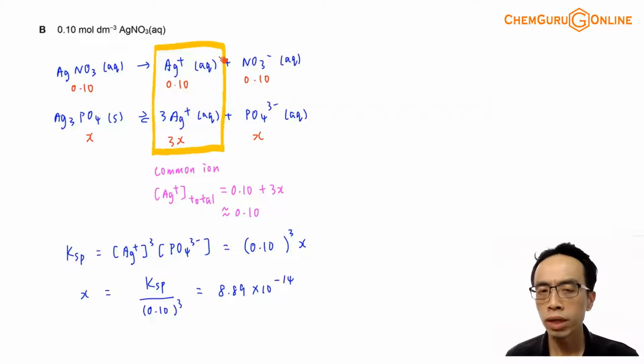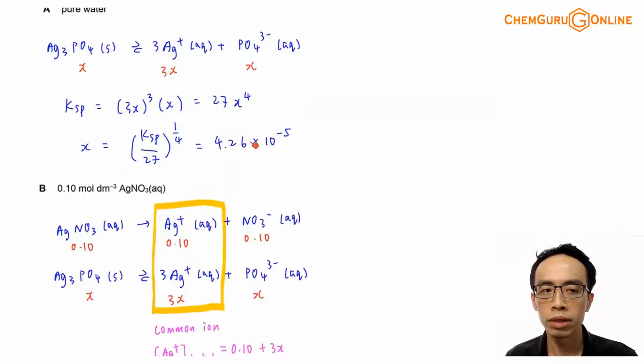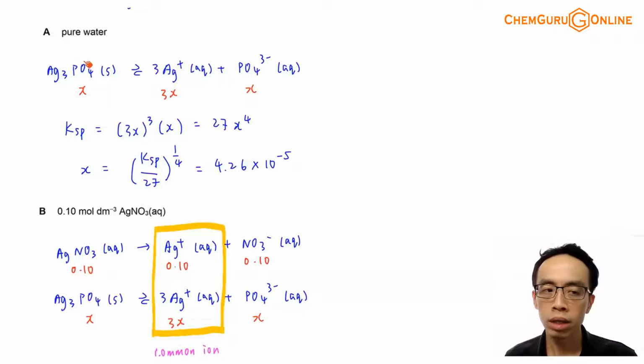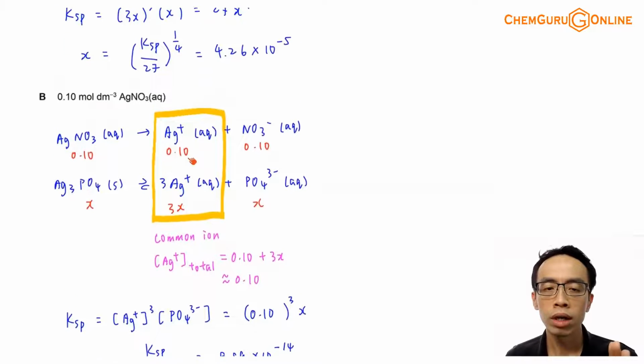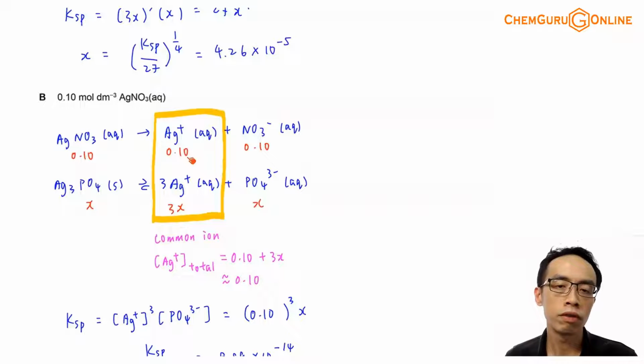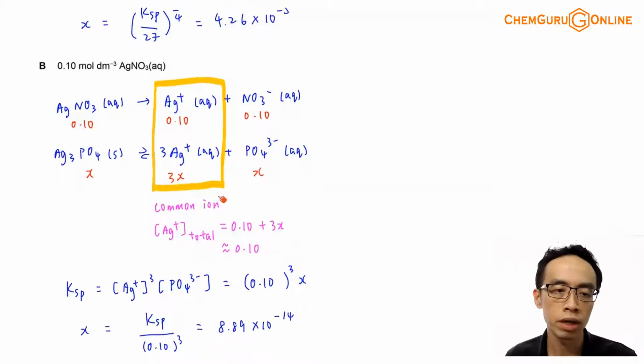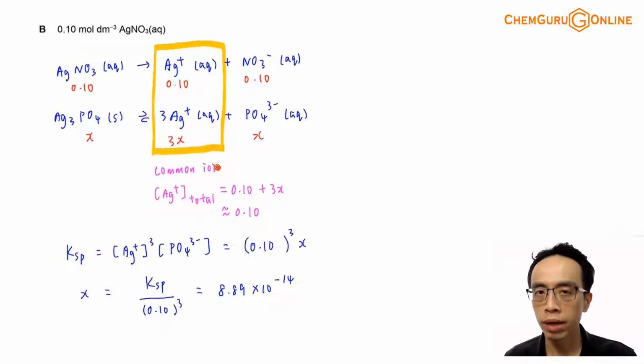So since solubility will be suppressed in the presence of the common ion from AgNO3, the value that we calculate for solubility in part B has to be smaller than what we determined in part A, because part A is just the dissociation of silver phosphate by itself. Then I expect solubility for silver phosphate to be a smaller value than 4.26 times 10 to the power of minus 5. So we actually can apply this approximation.